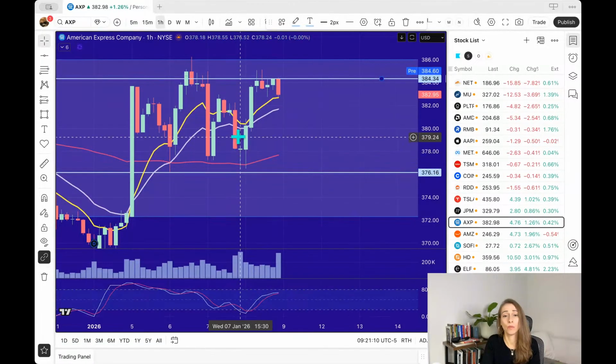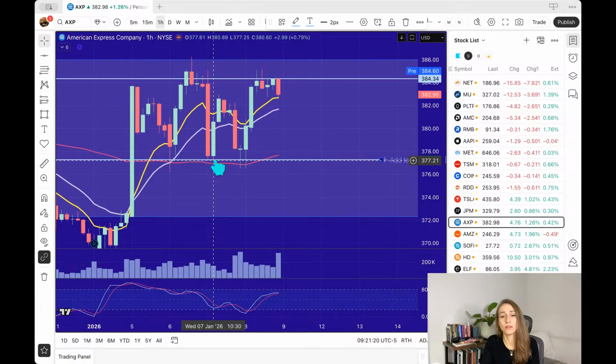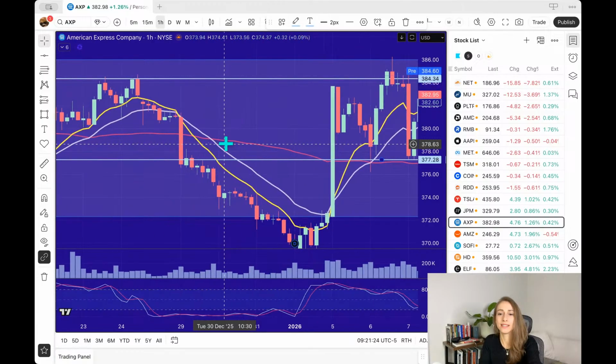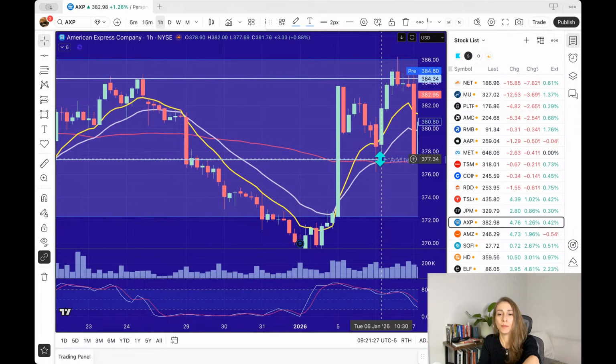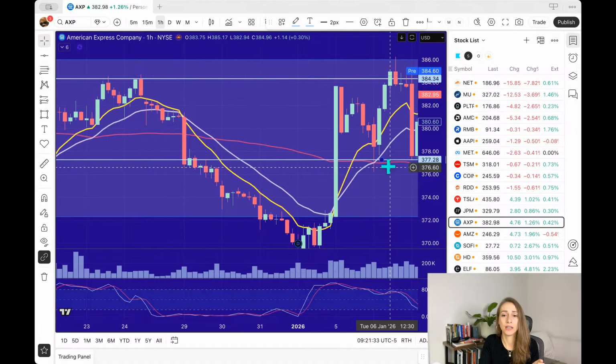Now, ideally, if I was bullish on this, I would have started a position yesterday, anytime you're seeing the wicks come down to the bottom of that range. Let's say this didn't exist yet and you're bullish on Amex. You can see it start to develop right here on the 5-minute chart.